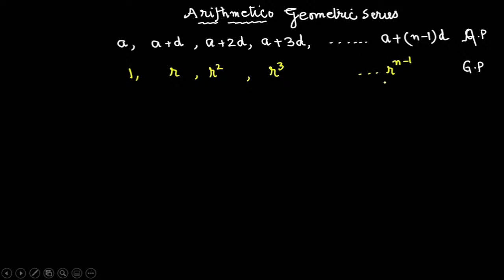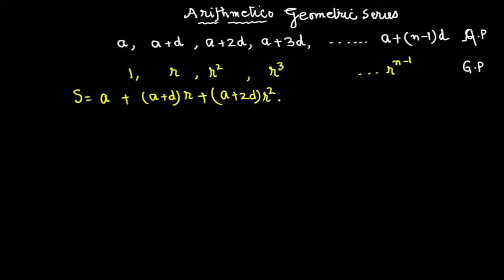Now multiply the first term of the AP and GP, similarly the second term of AP and GP, the third of AP and third of GP, and the last of AP and GP, and form a series like this: A plus (A plus D) into r, plus (A plus 2D) into r square, dotted. The last term I am writing here: (A plus (n minus 1) into D) and r to the power n minus 1.